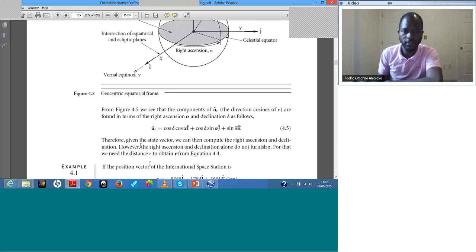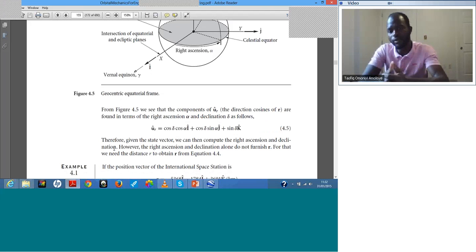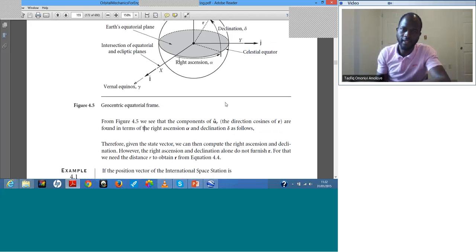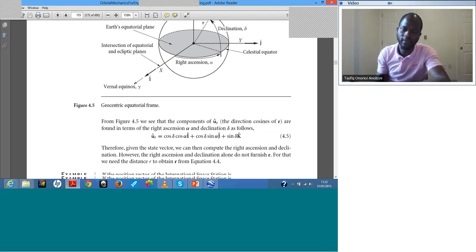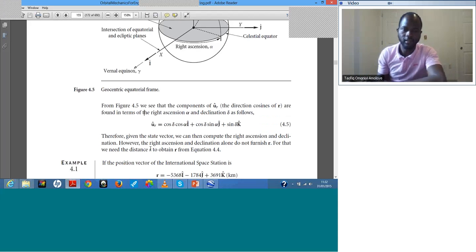Therefore, given the state vector, that is, the position vector and then the velocity vector of a satellite, we can compute the right ascension and declination. That means once you know the position vector of a satellite, you can directly compute its right ascension on the celestial hemisphere and then its declination.